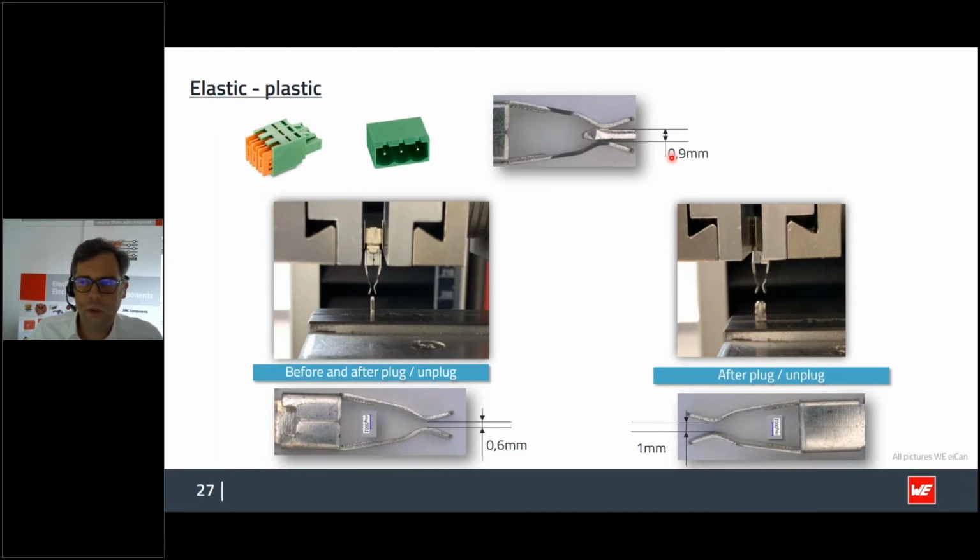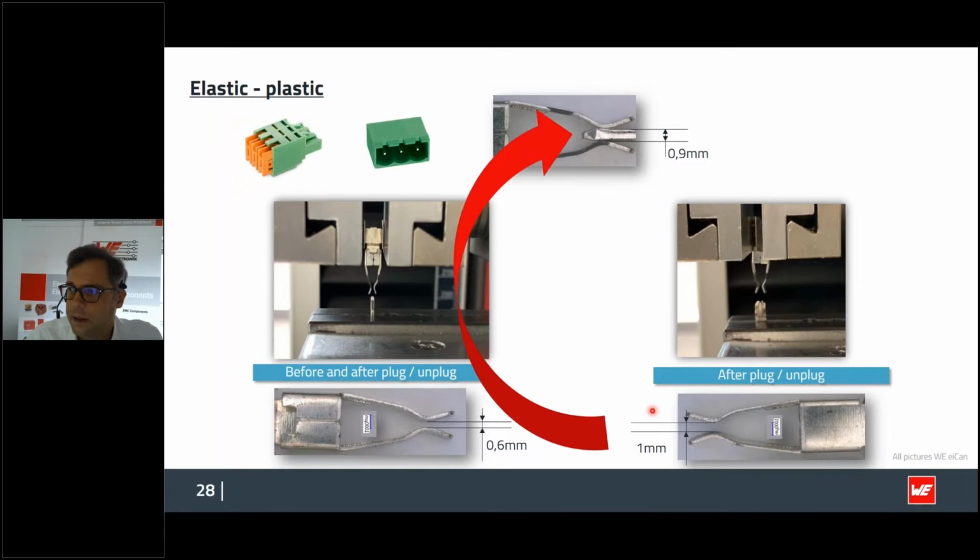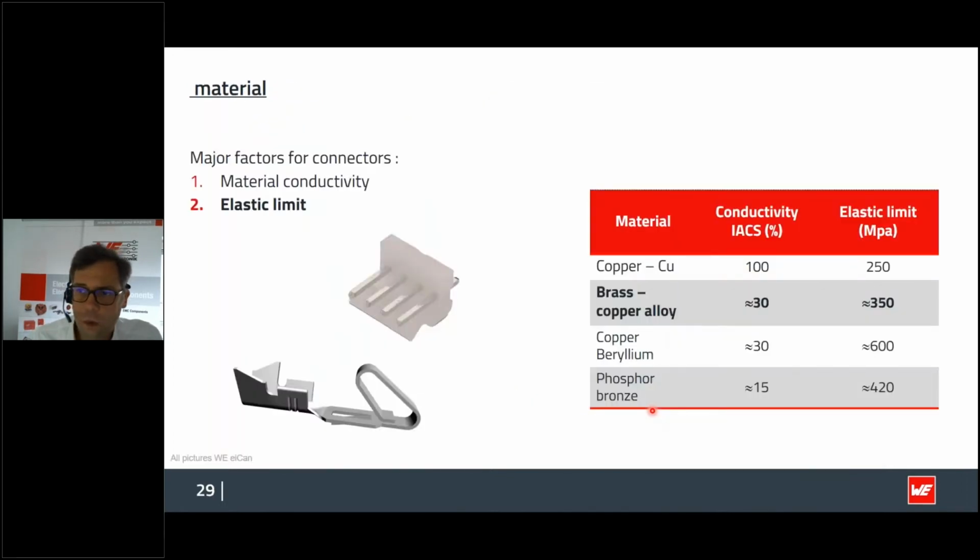That was caused by a test, which is also shown later on, where you have more mating cycles than were specified in the data sheet, and that explains this widening of the contact material itself. So therefore, for the elastic limit, you choose copper alloys.